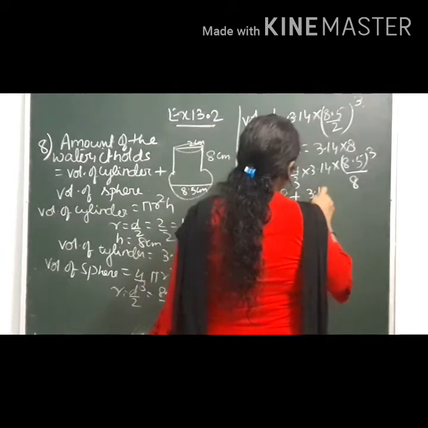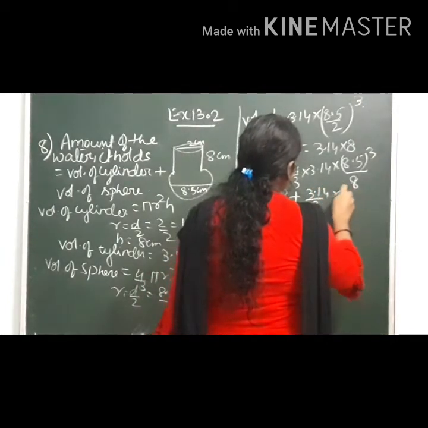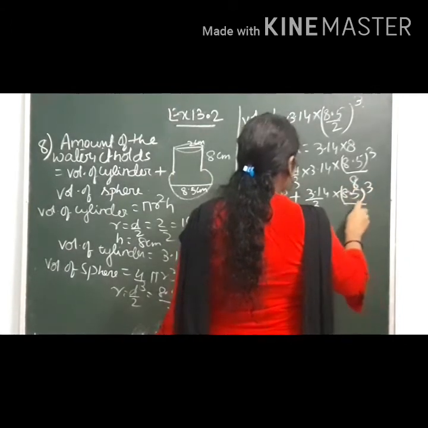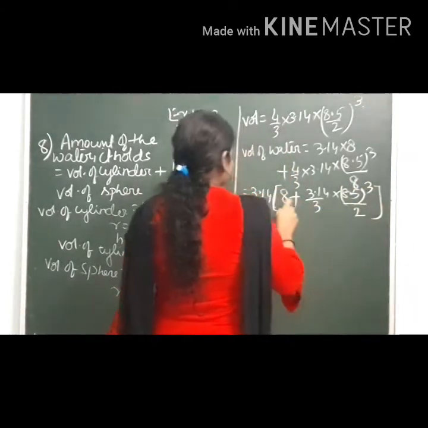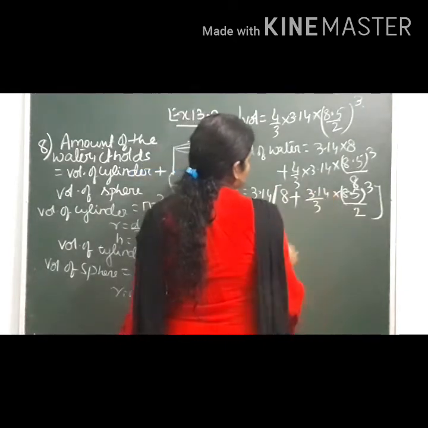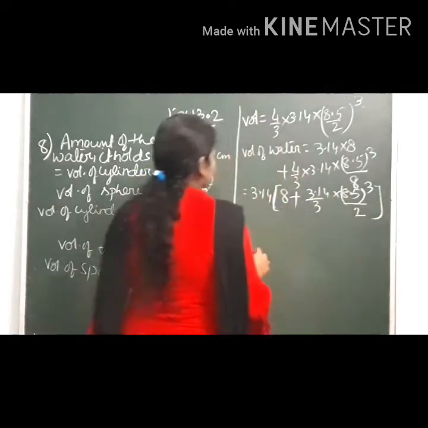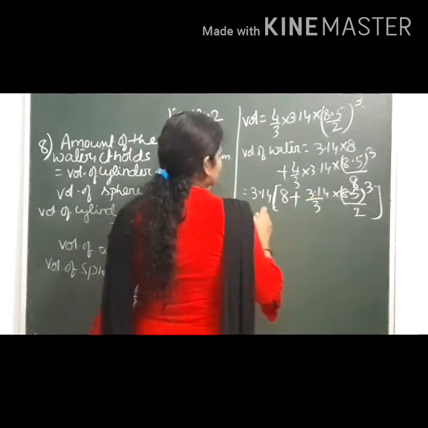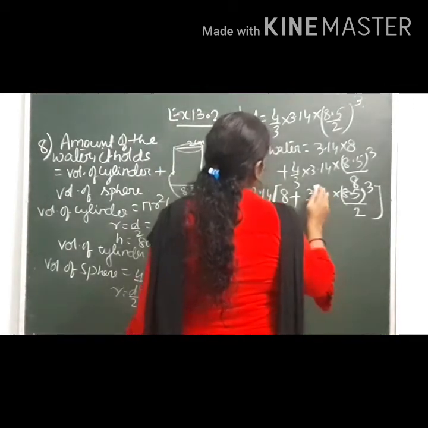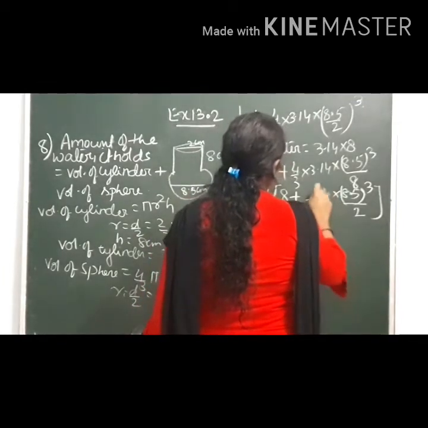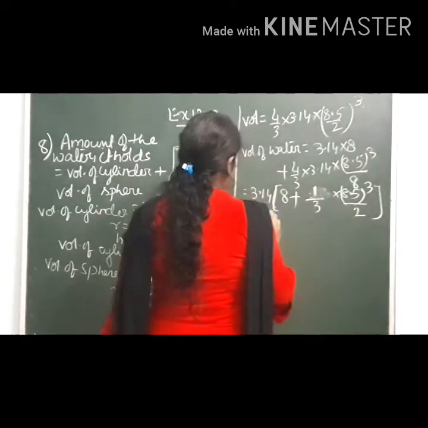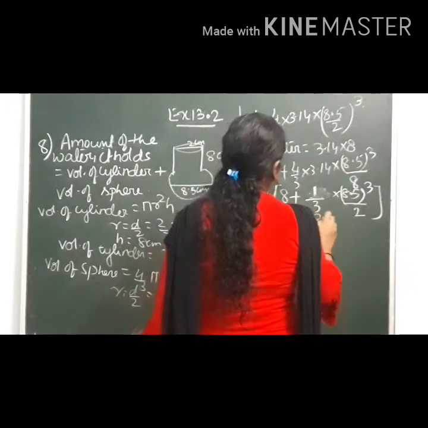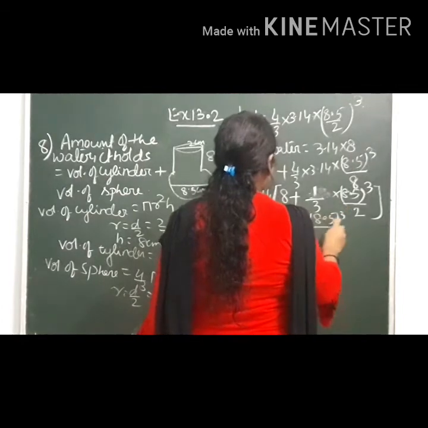So 3.14 into 8 plus 1 by 3 into 8.5 whole cube by 2 cube, which gives 8.5 whole cube by 6.